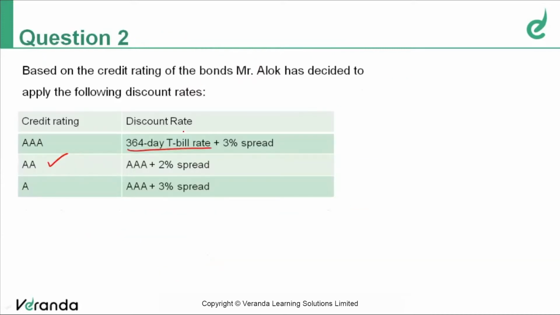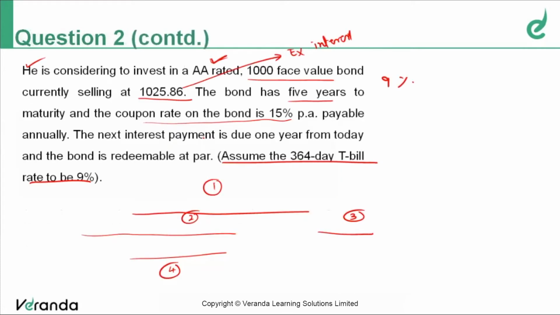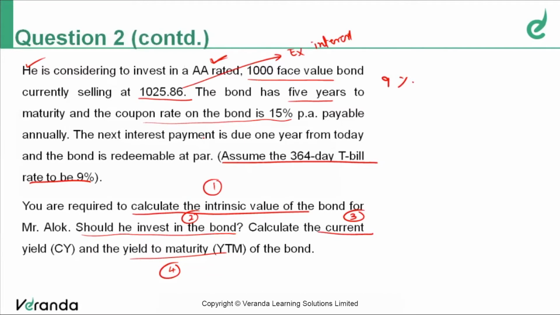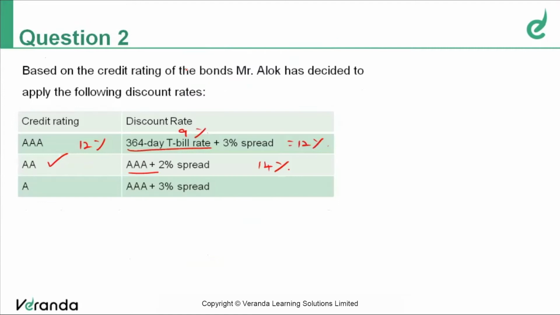Plus 3, which is equal to 12. Now, when it is 12% here, it is 12 plus 2, 14%. Please understand that coupon rate is 15%. We are expected to take up the discount rate, which is 14%.